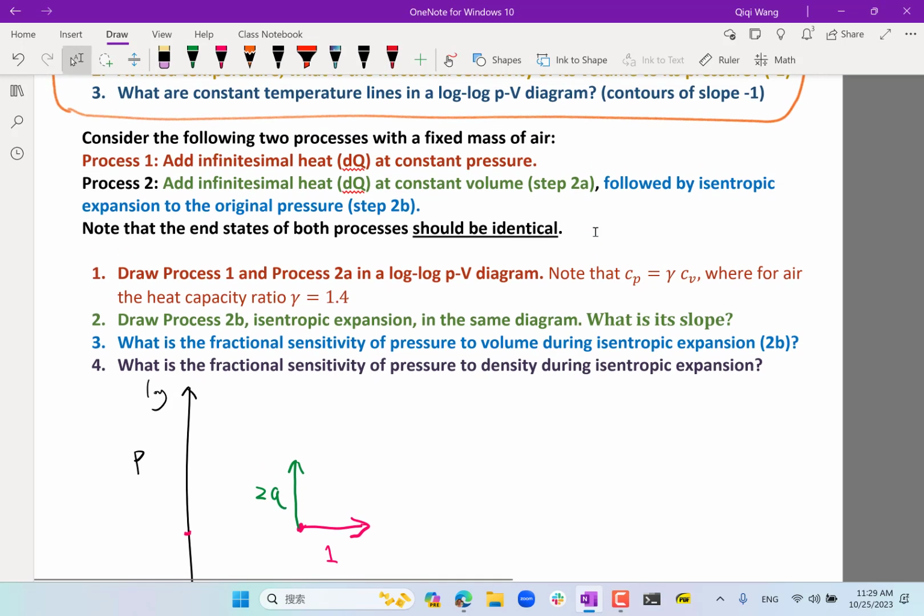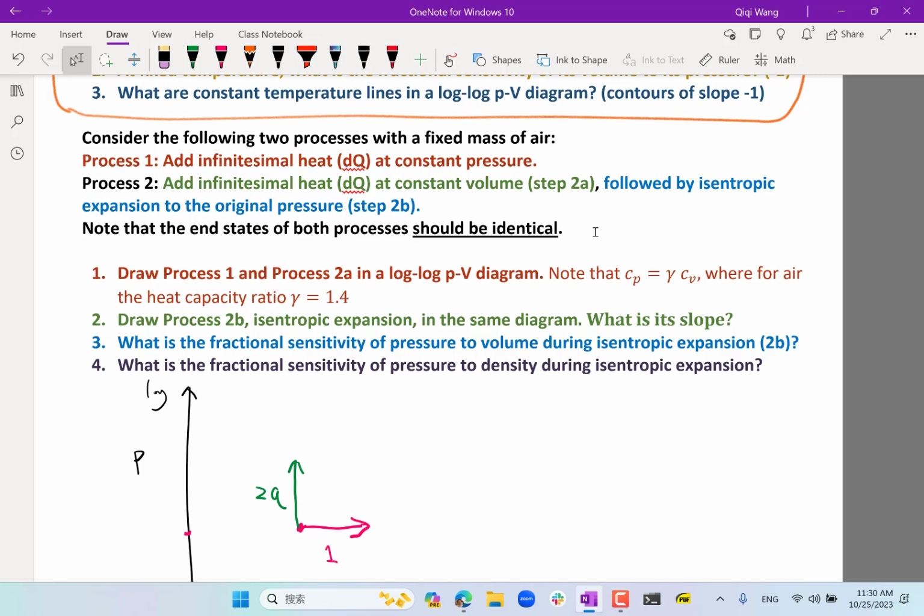Okay, use this. And this. You remember what CP and CV are, right? That's the heat capacitance at constant pressure and constant volume. So what is heat capacitance?